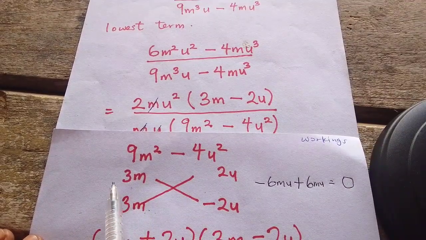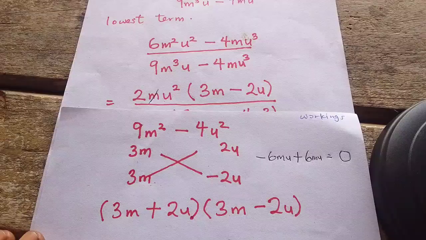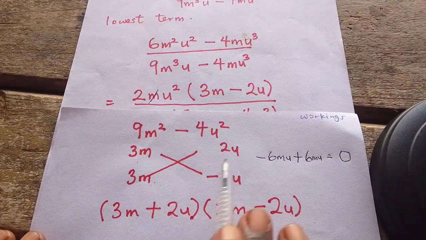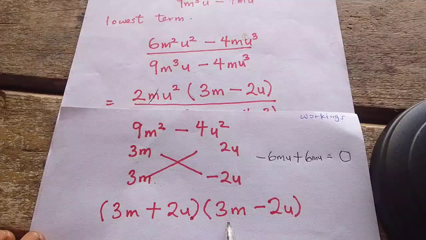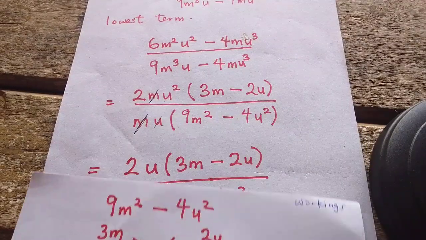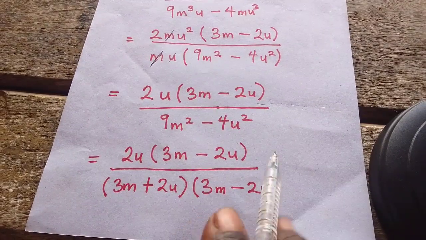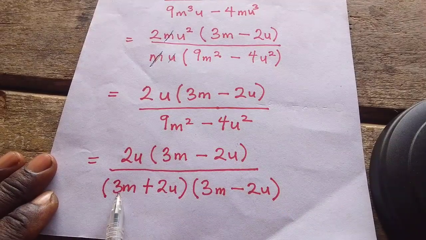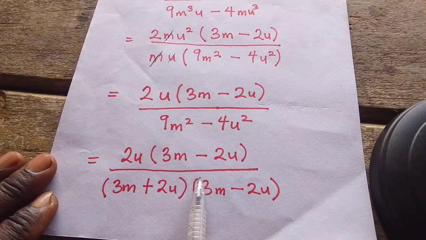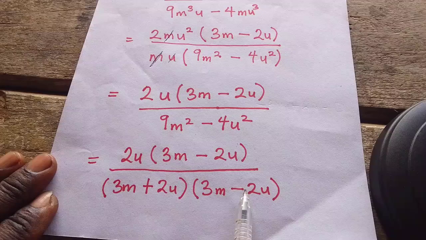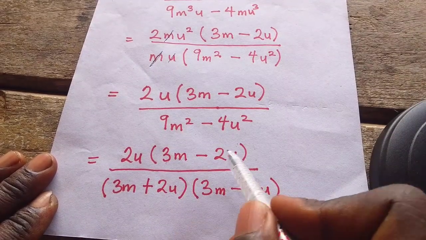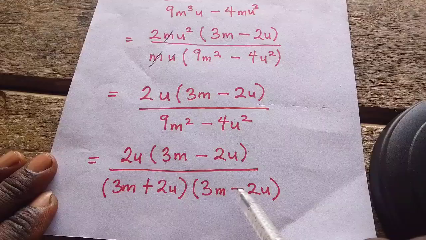So that means the factors of 9m square minus 4u square will be what? 3m plus 2u and 3m minus 2u. So you are going to have in place of 9m square minus 4u square, you now have 3m plus 2u times 3m minus 2u. So you realize that in the numerator you have 3m minus 2u here and 3m minus 2u here.